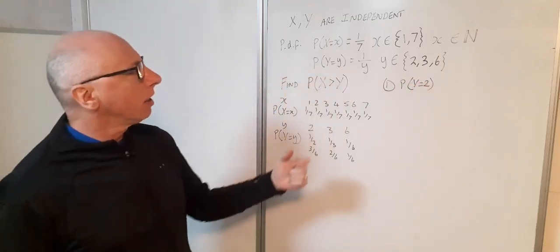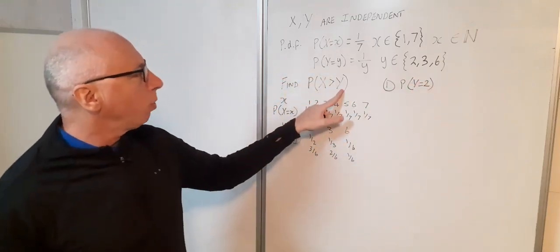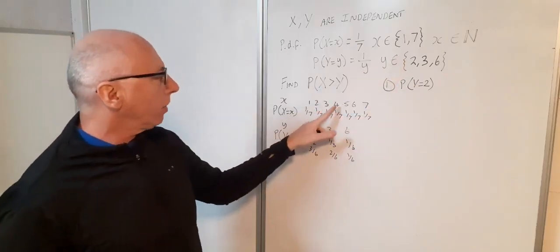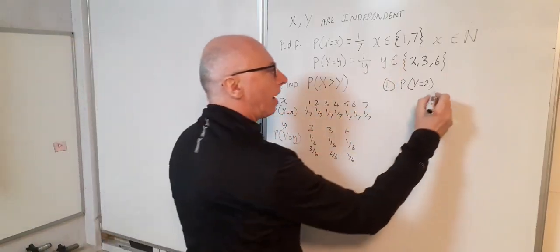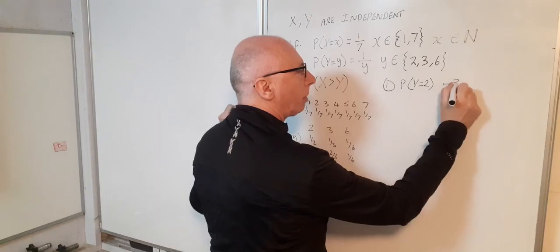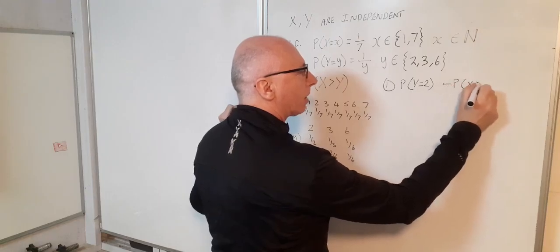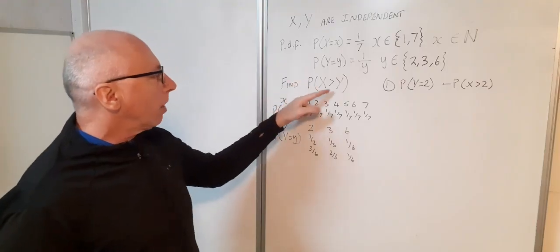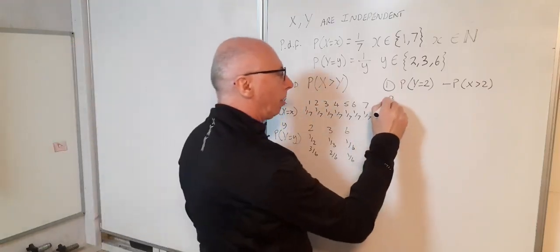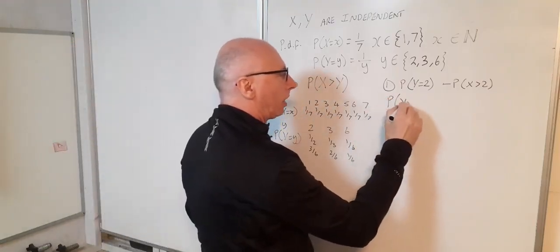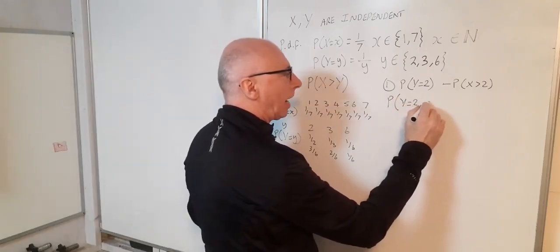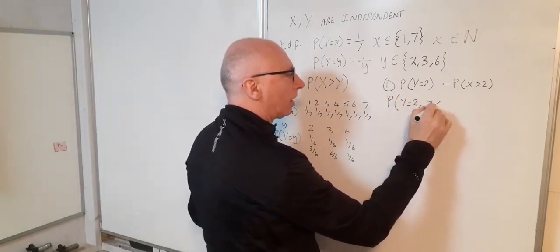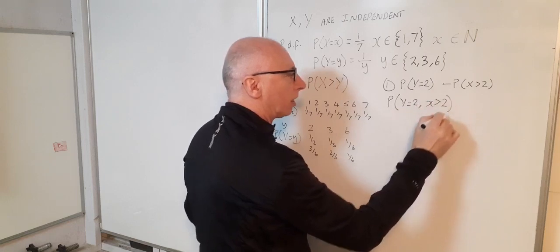Now x, in that case, if x is greater than y, x has to be 3, 4, 5, 6, 7. So that one goes with the probability x is greater than 2. We want the probability that y equals 2 and x is greater than 2.